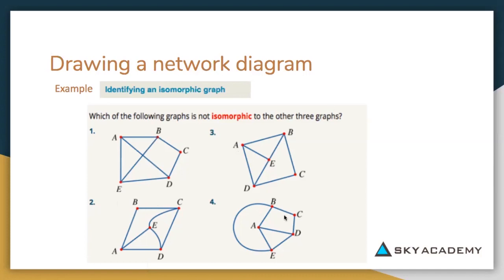There is no direct connection between B and E. There is a direct connection between C and E, whereas in the other graphs, there is not a direct connection between C and E. And so in terms of degrees and in terms of what edges connect to what nodes, graph 2 is not isomorphic to the other 3.